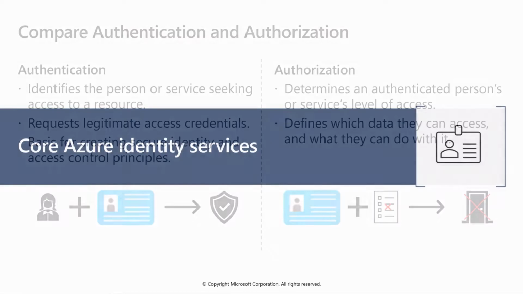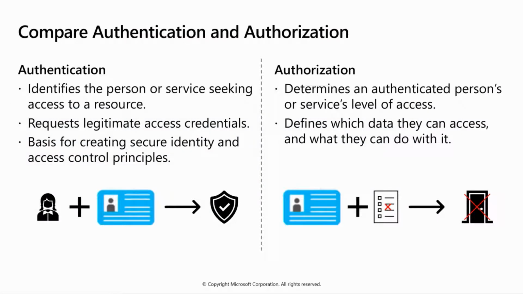Now, one of the first things that we need to talk about before we can talk about anything with identity services is the concept of authentication and authorization, because really they're the foundation of all of the different identity services that are available. So first we have authentication, and what it does is identify that the person is who they say they are.